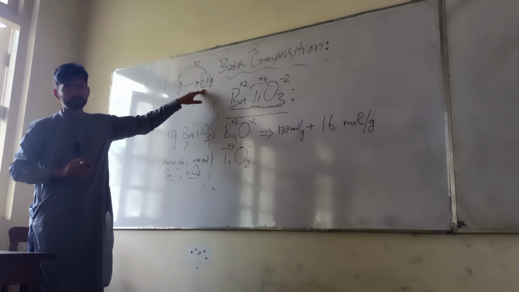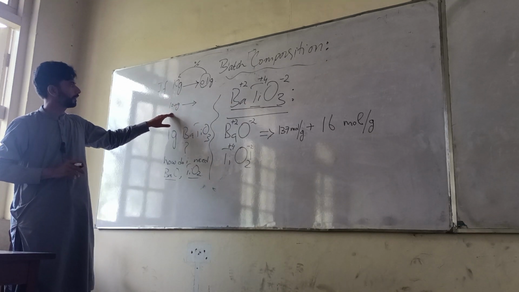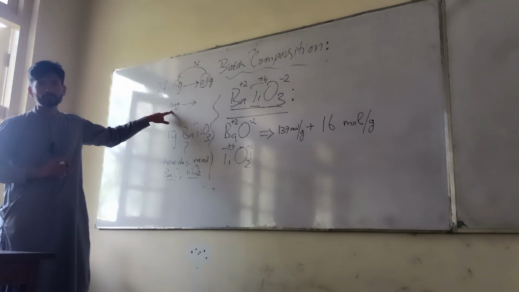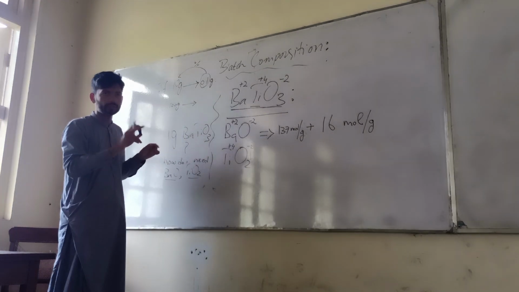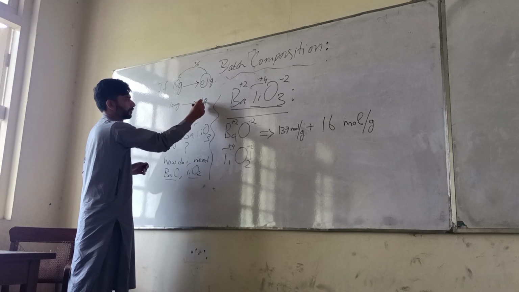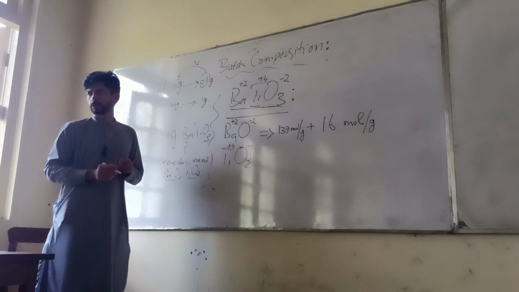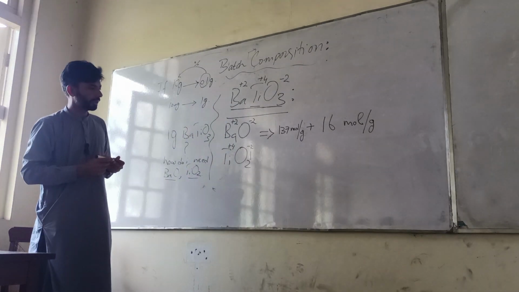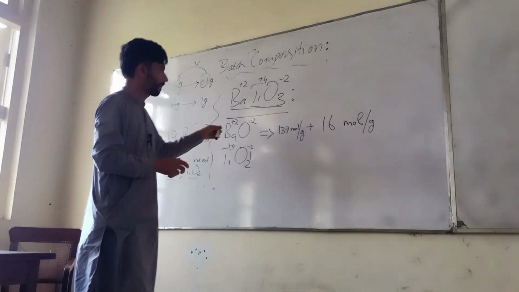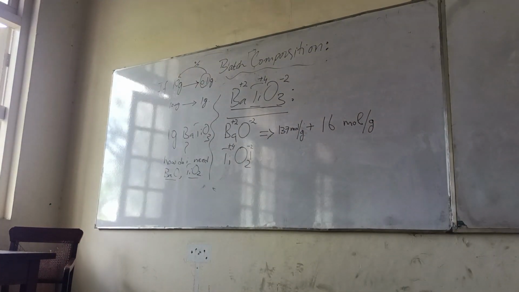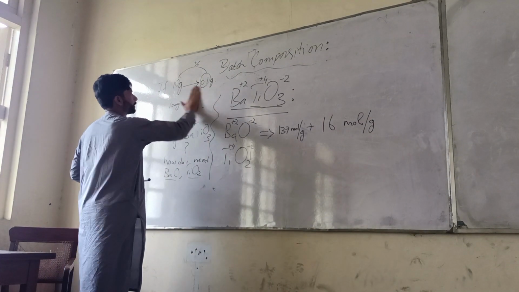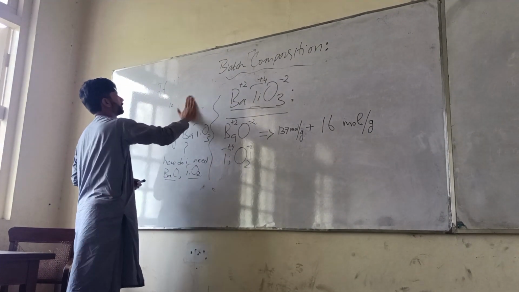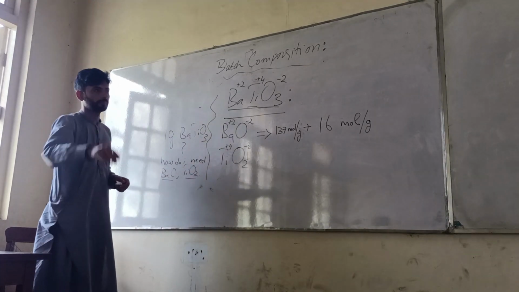So for 100, what should be 1% of 100? 1% of 100 is 1. So one can do it this way. The same thing is here.